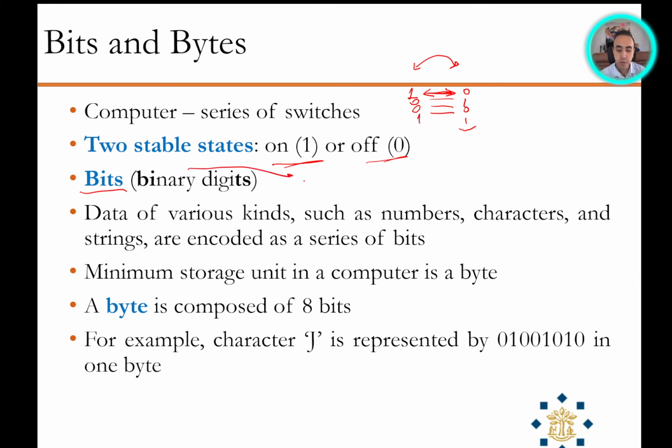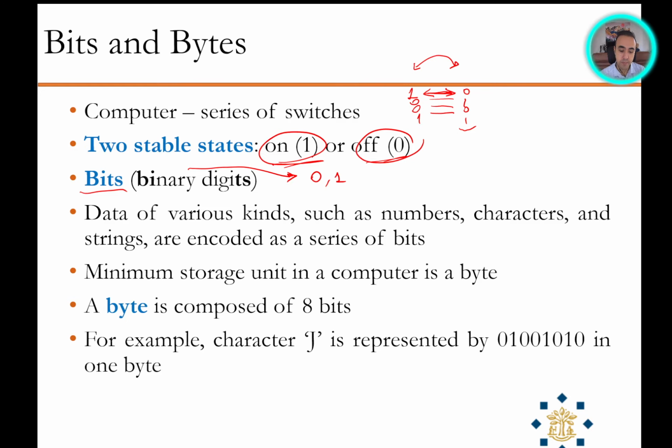Binary stands for either 1 or 0. So a binary digit can be either 0 or 1, either on or off. And data of all kinds, such as numbers, characters, and strings, are all encoded as a series of bits.